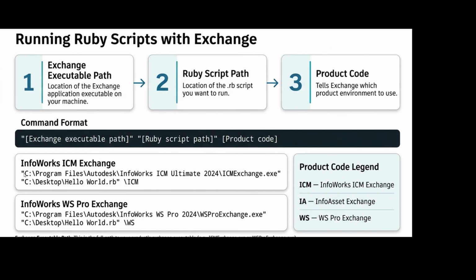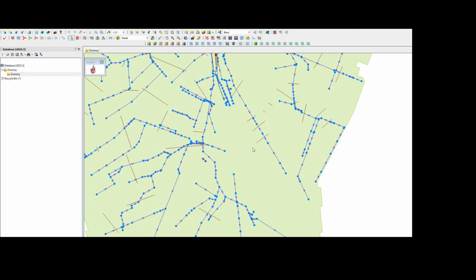The whole thing needs to be put into the CMD prompt command, and from there you simply press enter, and it will go through Exchange, go through your script, open ICM and run the code. So how do we do it?